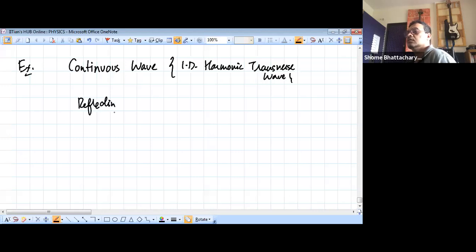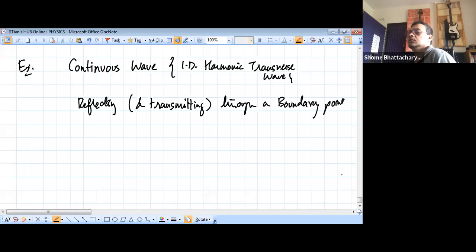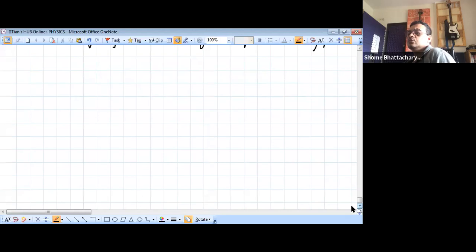Reflecting, and also transmitting to a boundary point. So we will understand this through the example. So we have this situation.